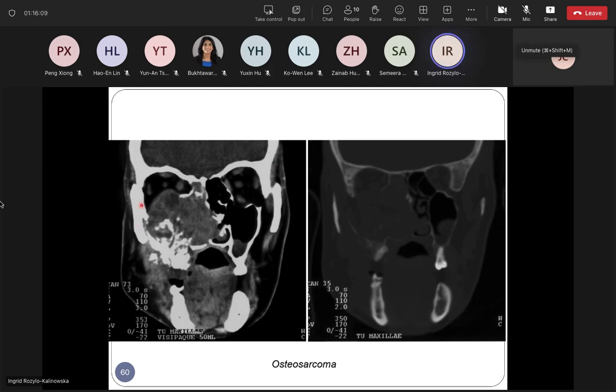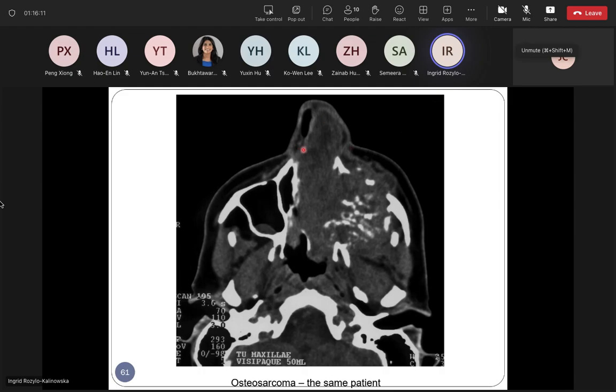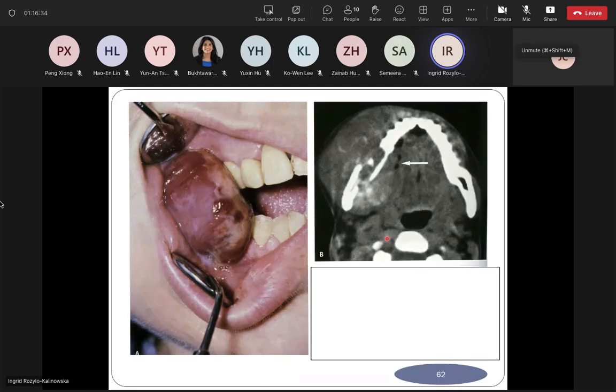So a very huge tumor into the nostrils, in the nasal cavity, in the nasopharynx, and also destroying the bony walls of the maxilla. So if you see a soft tissue mass, so radiopacity of sinus with bone destruction, then you must think about a malignant tumor of the maxillary sinus.